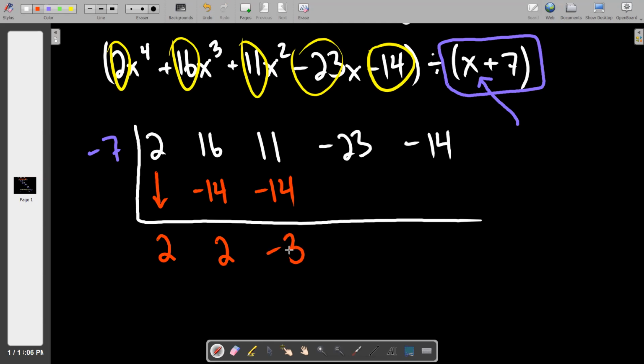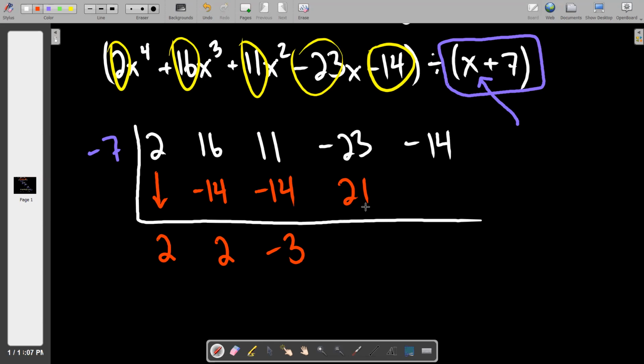What do you think we do now? We take this green times this green. I just keep repeating the same algorithm. What is negative 7 times negative 3? If you say negative 21, we're going to have troubles. It is positive 21. Stick it right there, and let's add them together again.